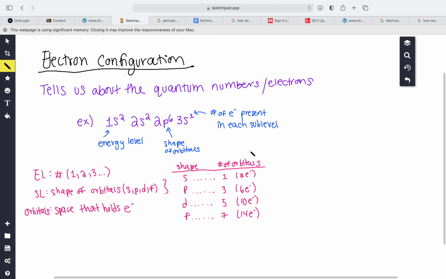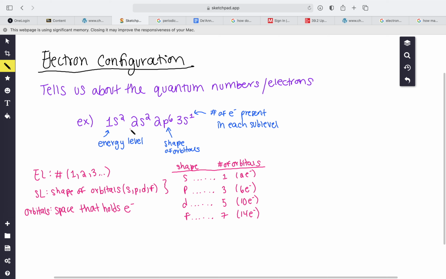So I have an example here, and I think this is sodium, just to show you that the number out in front of the letter is the energy level. So 1s is the first energy level, 2s is the second energy level, 2p is the second energy level again, and then 3s is in the third energy level.